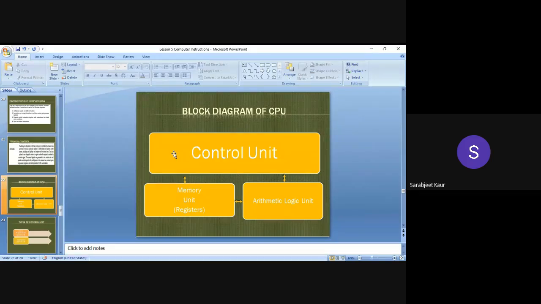So this control unit basically generates some signals which are known as control signals. These control signals tell each unit what is to be done.